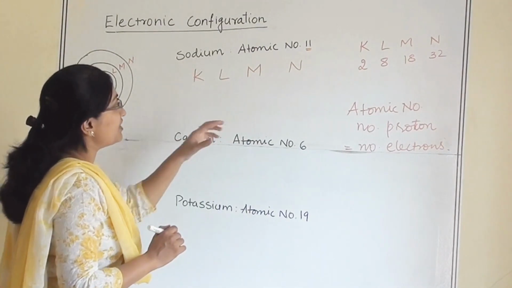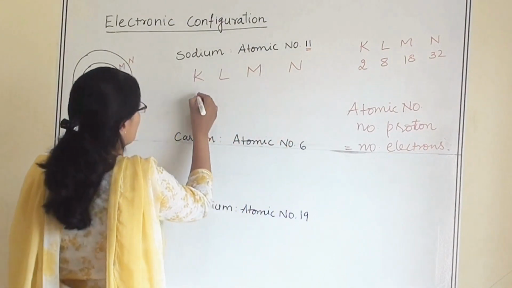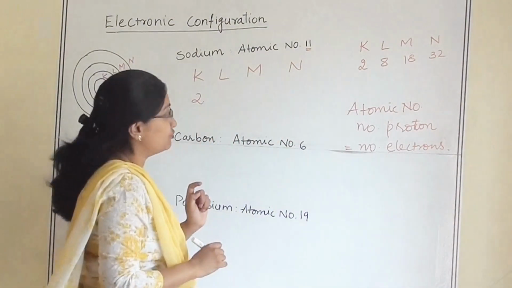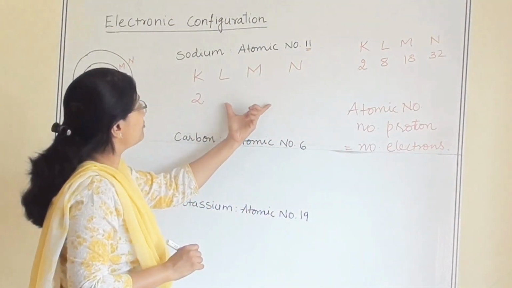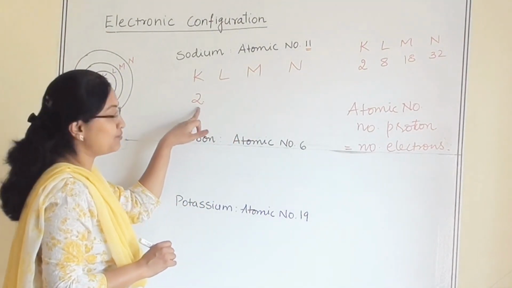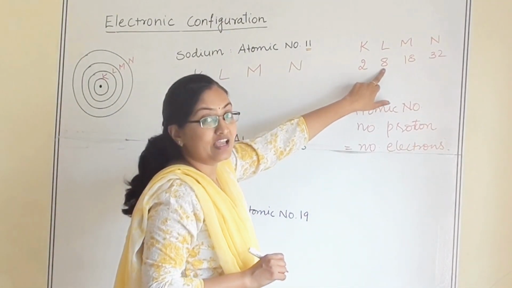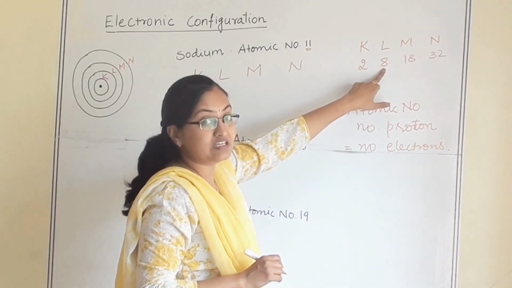So how are we going to distribute it? What is the capacity of K? 2. So I am keeping here 2. Now how many more electrons are left? There are 9 electrons left, because I have put only 2 here. So L has 8. Maximum capacity is 8.